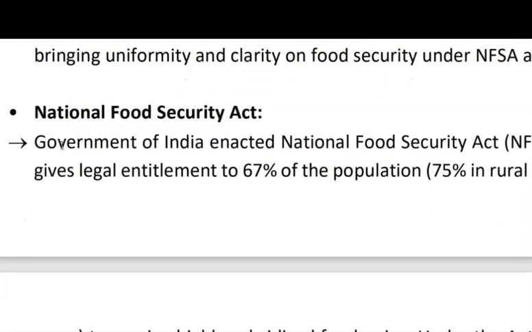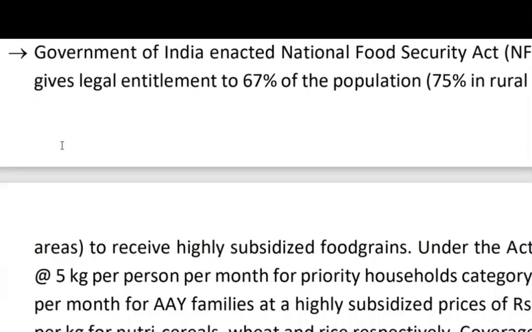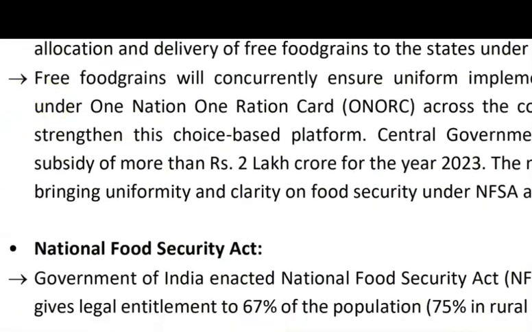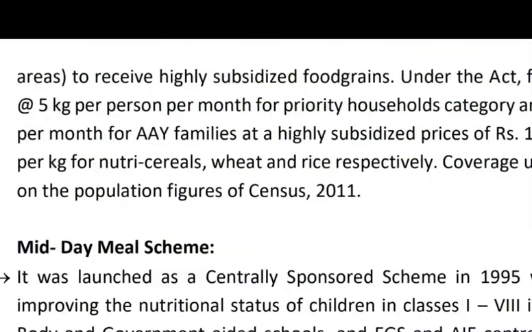So now let's move on to the National Food Security Act. So what is the National Food Security Act? This act provides for the coverage of up to 75% of the rural and up to 50% of the urban population for receiving highly subsidized food grains under the targeted public distribution system.